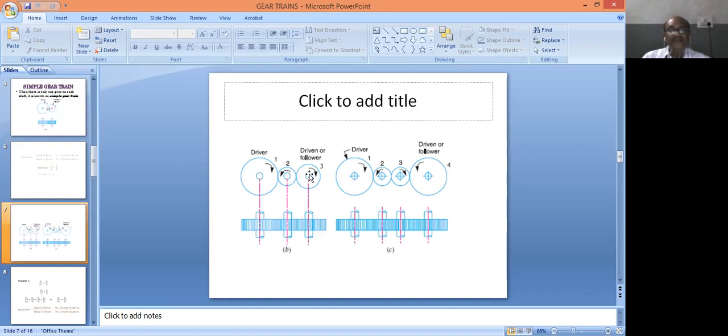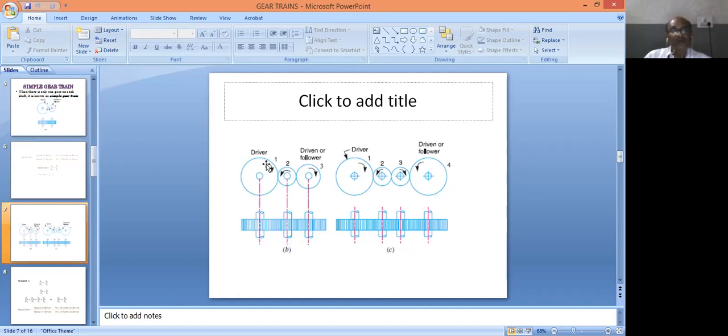Another way is to use an intermediate shaft. Using large size gears is uneconomical. The other way is to use intermediate gears between the driver and the follower gear. It is economical.